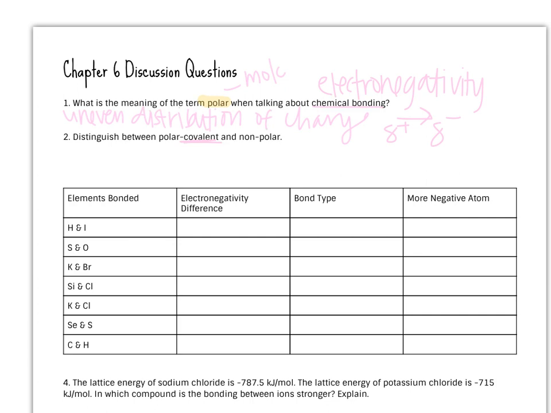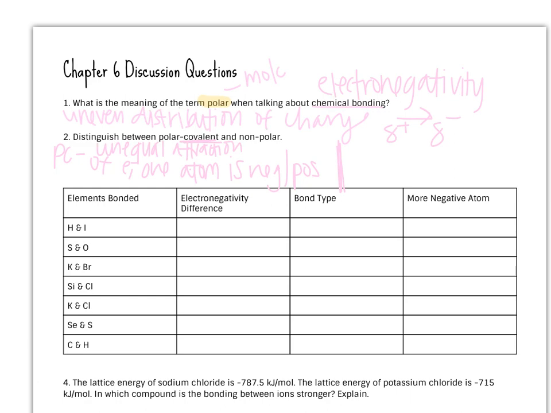The polar covalent is just the unequal attraction of electrons, and one atom is partially negative and the other one is partially positive. That's for polar covalent.